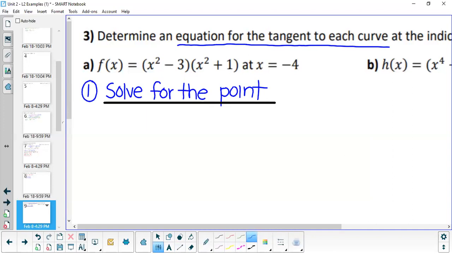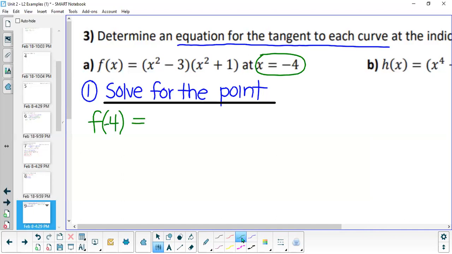For the point, I'm going to use the original function, not the derivative, just the original function. And because they're asking me at x is equal to -4, that means I'm solving for the original function when x is equal to -4, not +4, but -4.